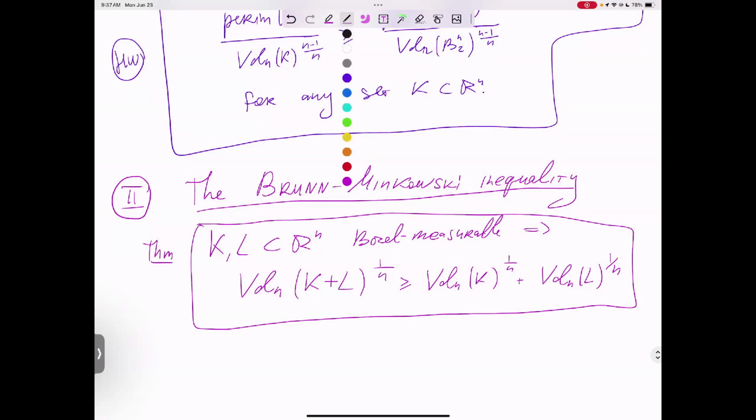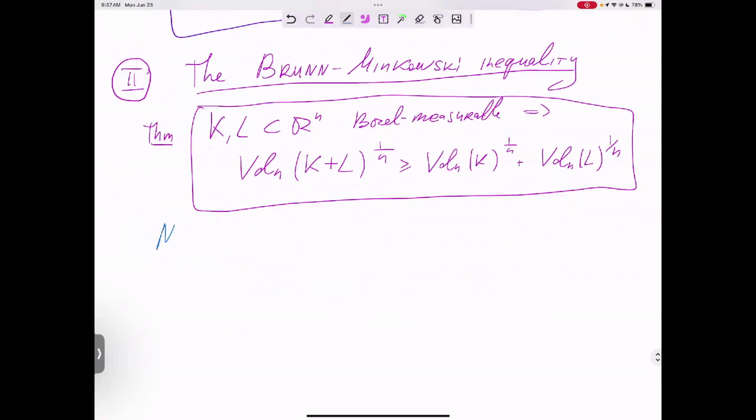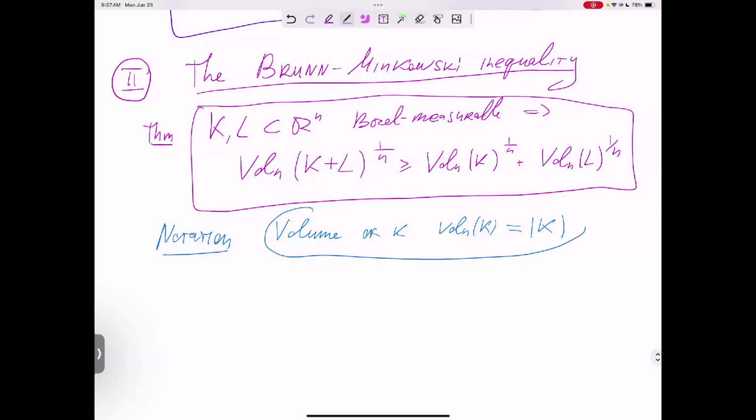Now, a minor comment, actually, I'm a little bit annoyed with myself. Let me use the notations that I'm used to. The volume in n dimensions of a set K, standard notation is vol_n of K. Sometimes I will just want to denote it by the absolute value of K. I will use both notations interchangeably, if that's okay with you guys.